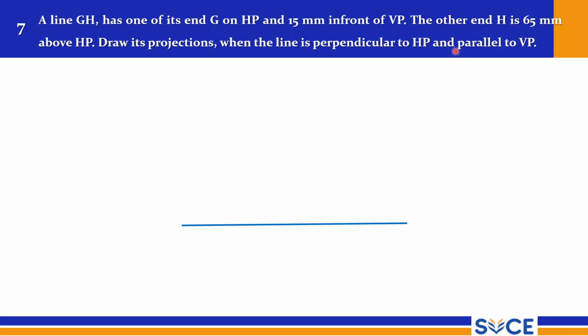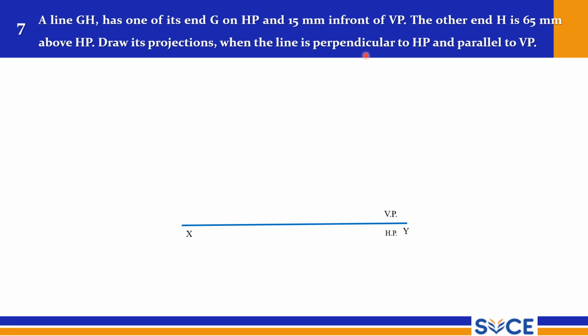It means that the GH length itself is 65 mm long, right? So the true length is 65 mm. Draw its projections when the line is perpendicular to HP and parallel to VP. So that is the type of problem, and it is also like the earlier problem.